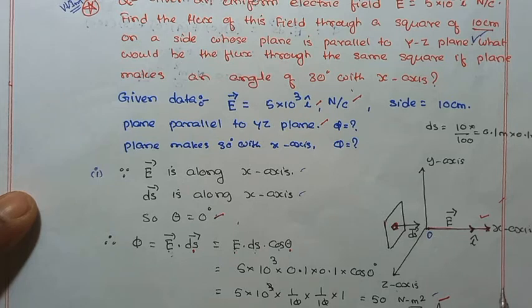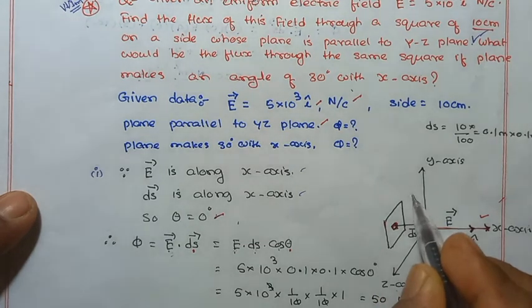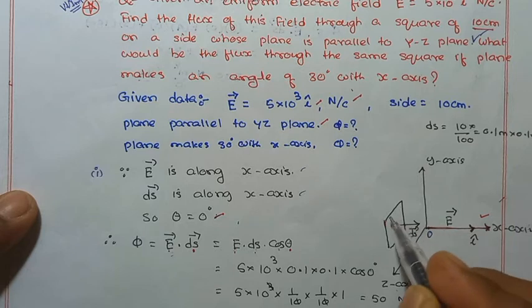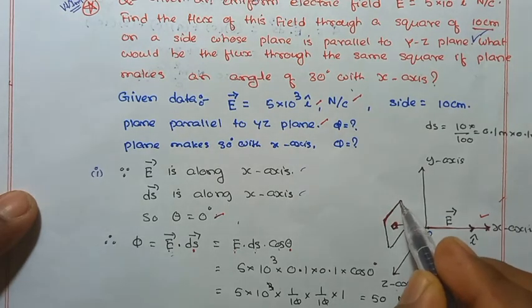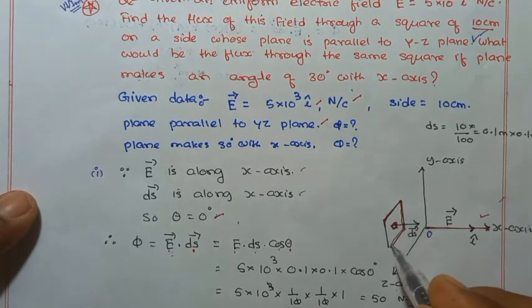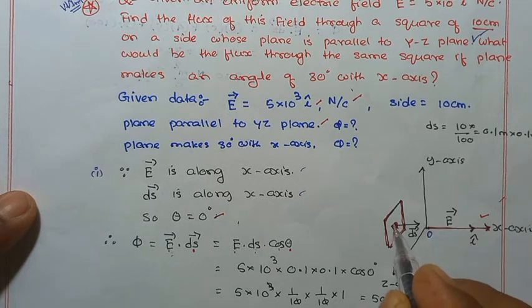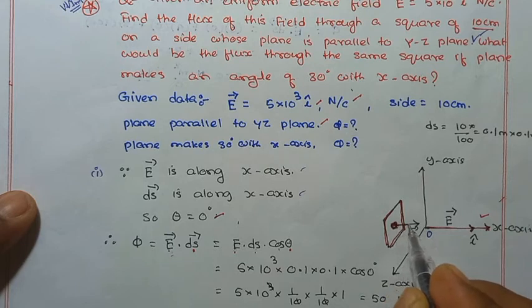Plane is parallel to the YZ plane. This plane is the YZ plane, and the plane is parallel. Which type of plane? Square plane. So this is the square plane which is parallel to the YZ plane. Therefore the normal to this plane will be along the x axis.